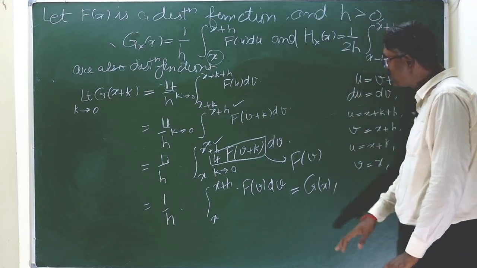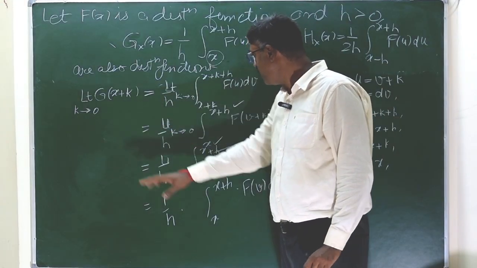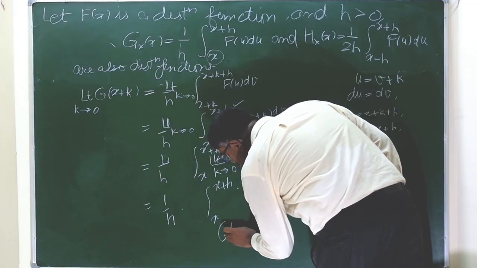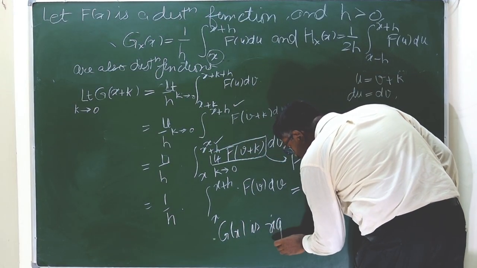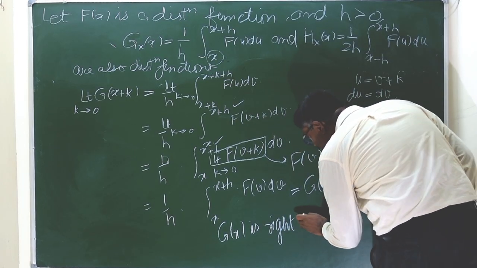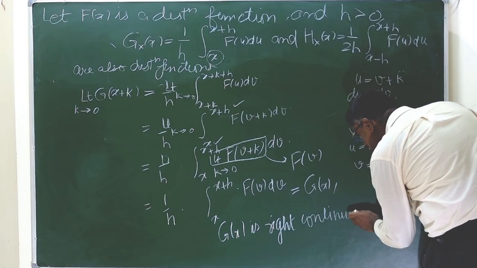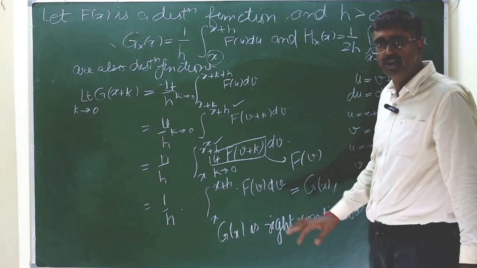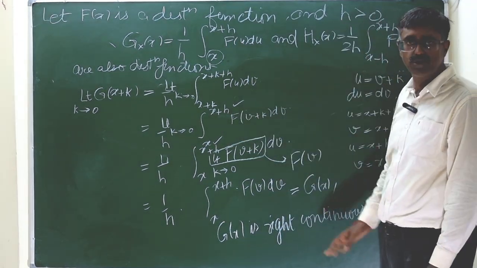So we established that this function g(x) is right continuous. So by the help of integration, we have established that g(x) is a distribution function.